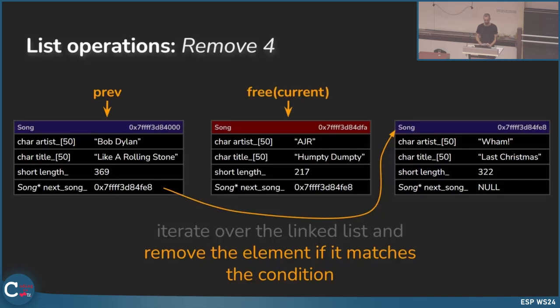The only thing you have to consider, of course, is you also have to free this struct. But that's basically it. Removing something from a linked list is, compared to an array, so much easier. So when you have a data structure which you know you're always removing elements from, linked list is a very, very good choice for that.